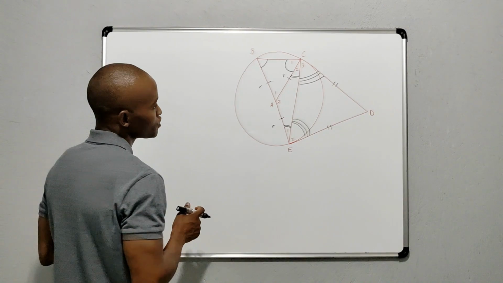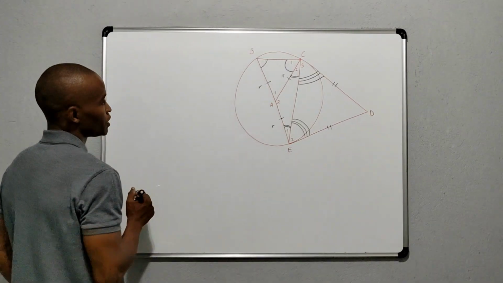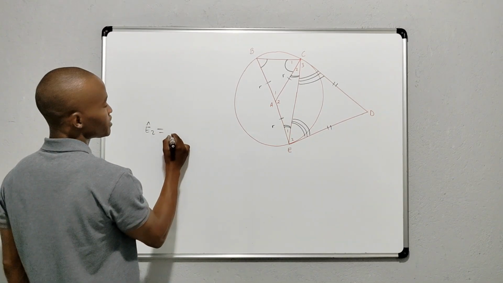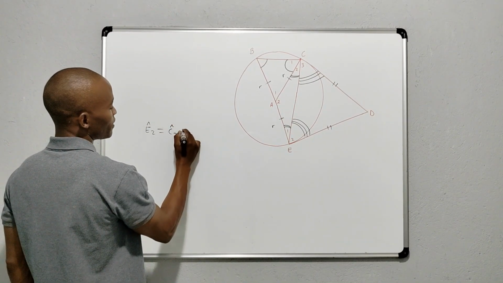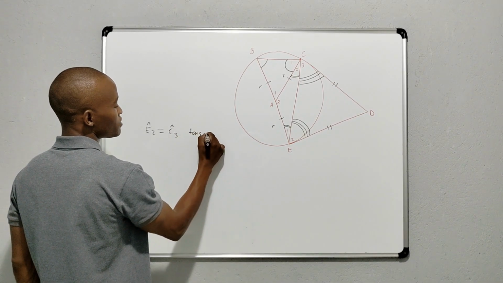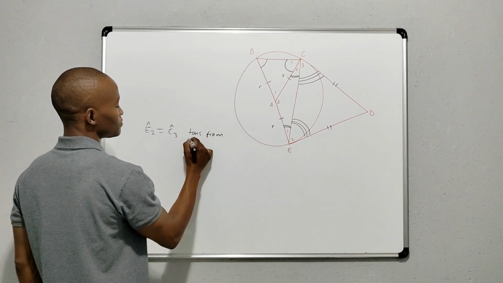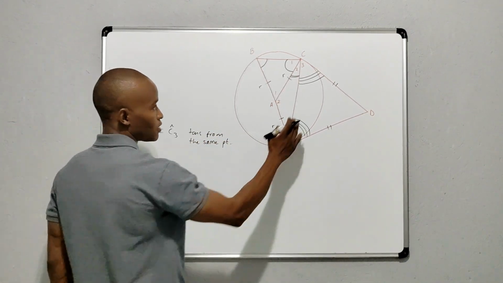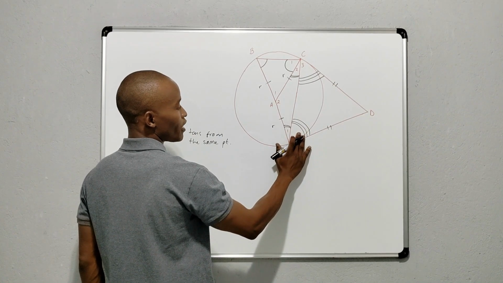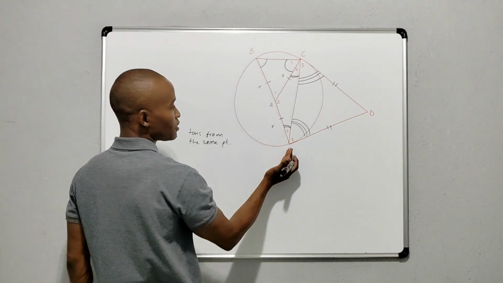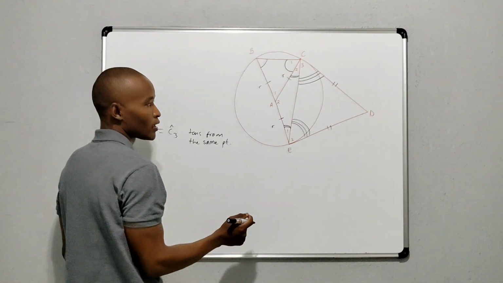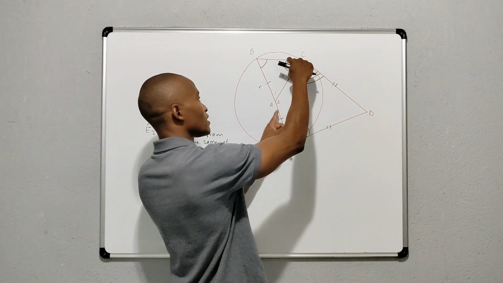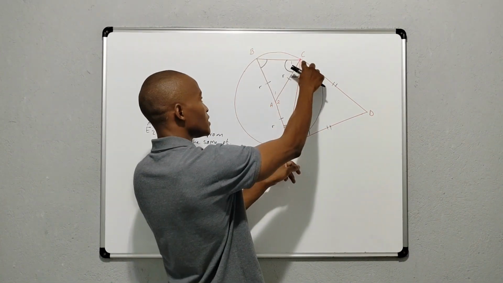So what do we know? We know that E2 is equal to angle C3 because of tangents from the same point. However, by the tan chord theorem, the angle between the tangent and the chord is equal to the angle subtended by the same chord in the alternate segment.